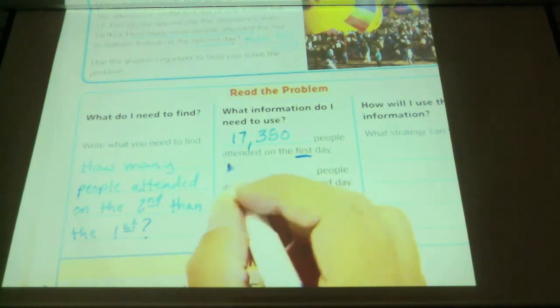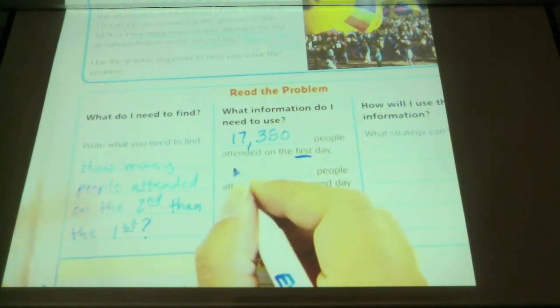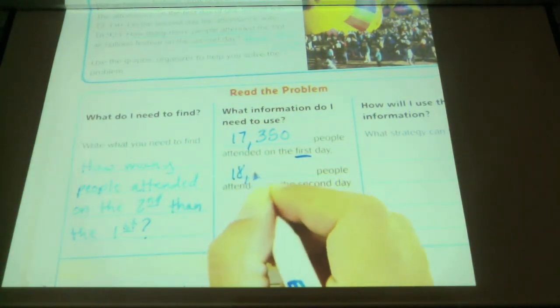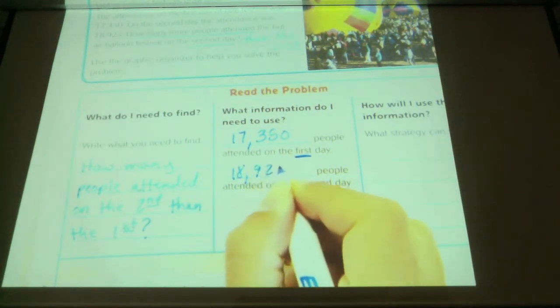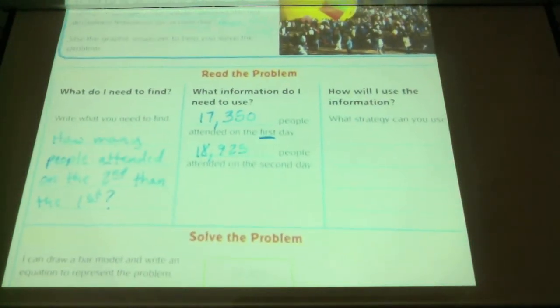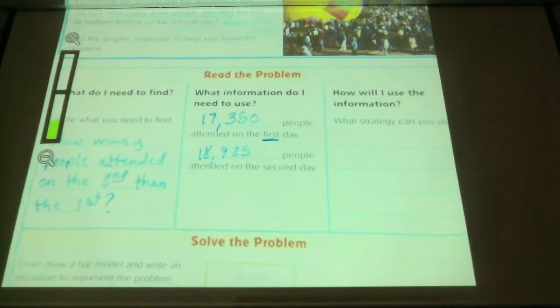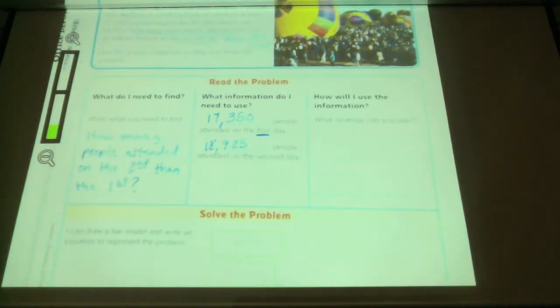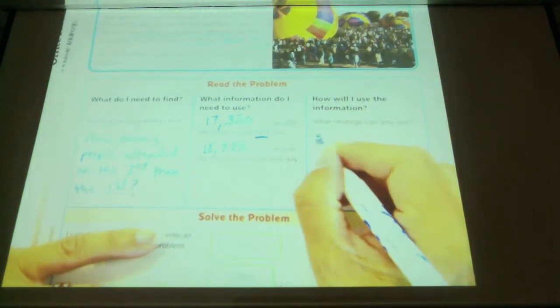And how many people on the second day? 18,925. And how are we going to use this information to solve the problem? What strategy, what math function are we going to use? Subtraction. So we're going to subtract the 2 numbers.